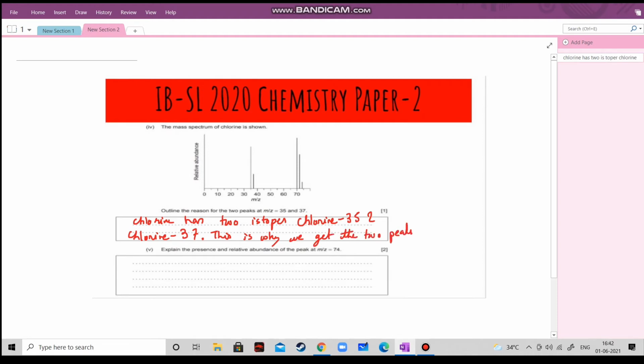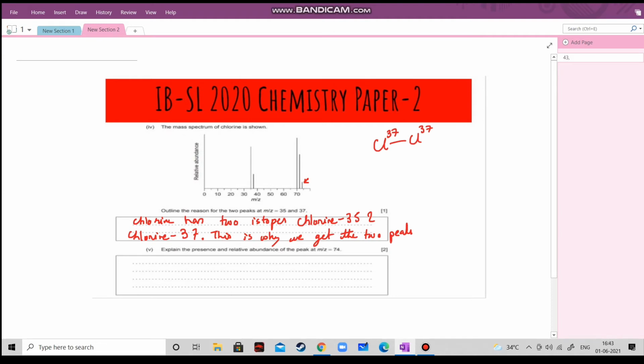Now the fifth question asks us to explain the presence and relative abundance of the peak at m/z 74. This peak is formed when two chlorine-37 atoms form a chlorine molecule, Cl37 Cl37.